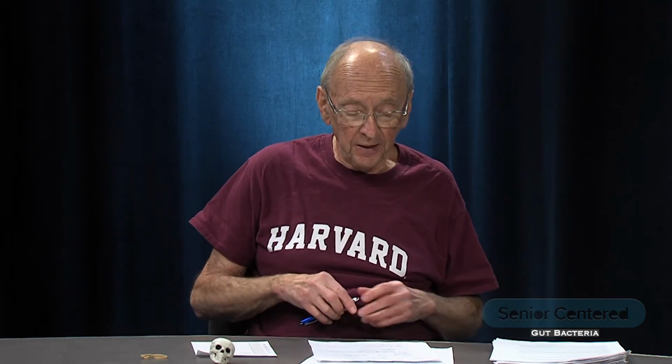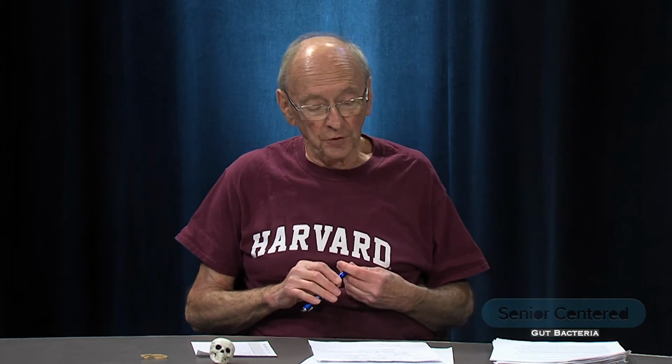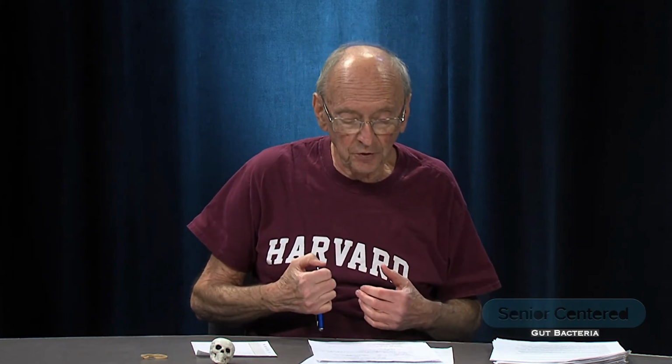Okay, given that, what can we do? What sort of foods can we eat that will help? I had mentioned that good fermented foods are good to eat. Other foods don't have to be fermented, like, for example, artichokes. Artichokes are very, very good for prebiotics.